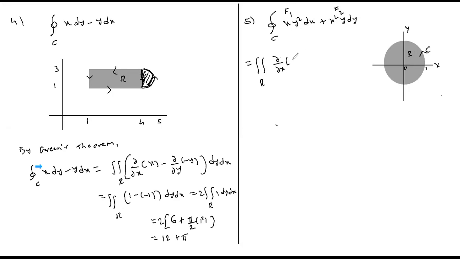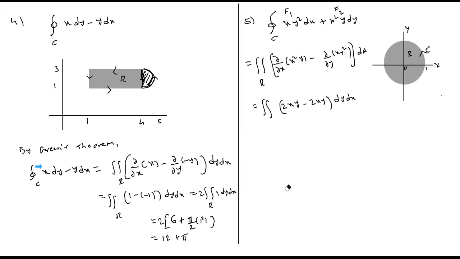So dou f2 by dou x is x square y derivative minus dou f1 by dou y, where f1 is xy square, dy dx or dx dy, or I can write it as dA. So what is this double integral? X square y derivative with respect to x is 2xy. Xy square derivative with respect to y is 2xy, dA or dy dx.